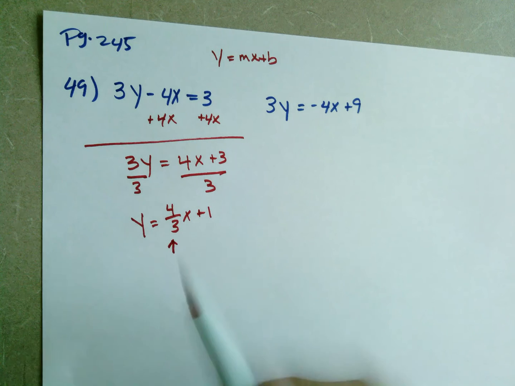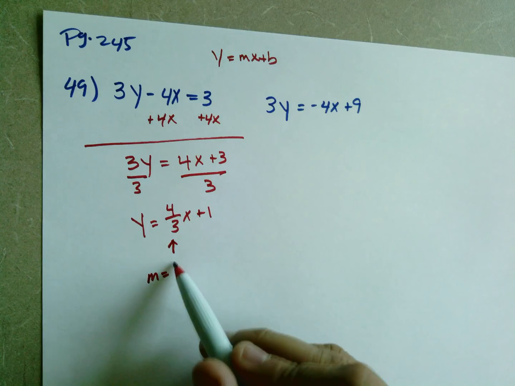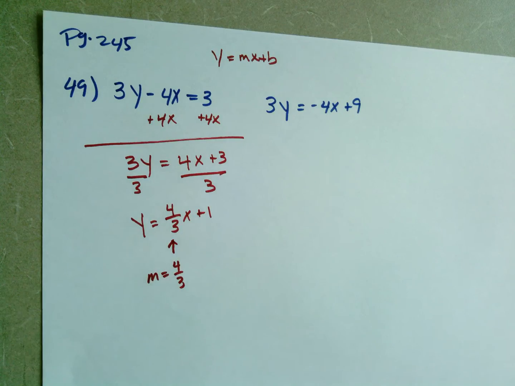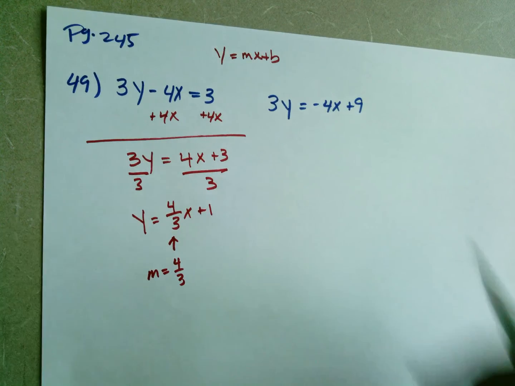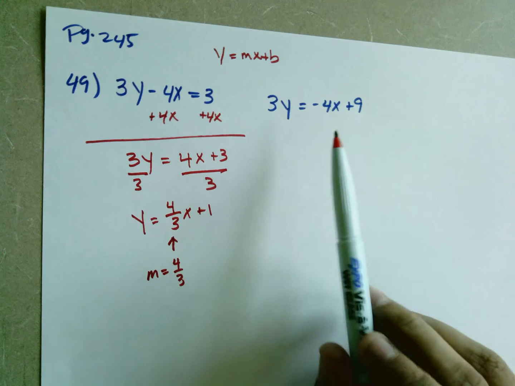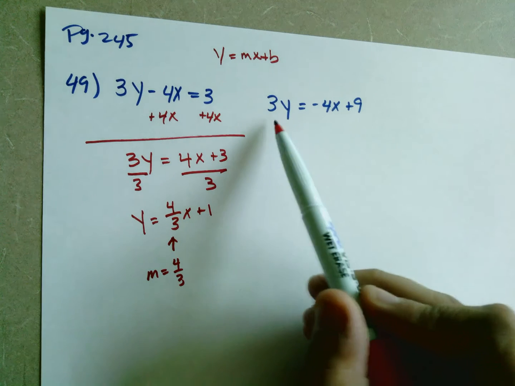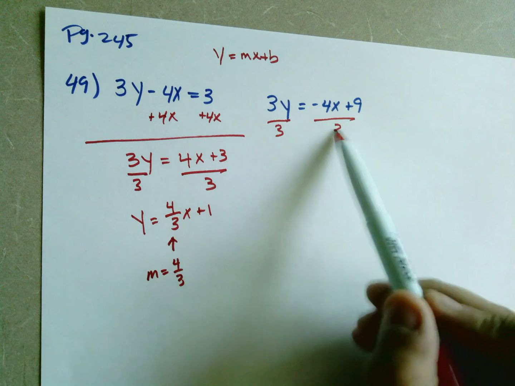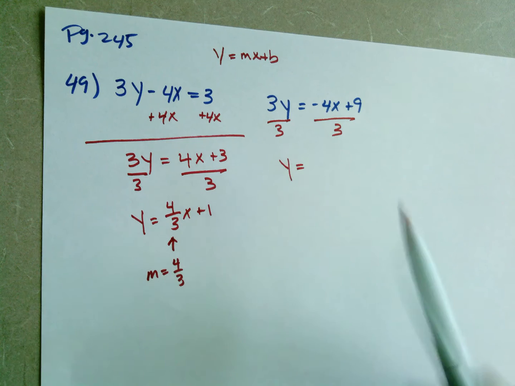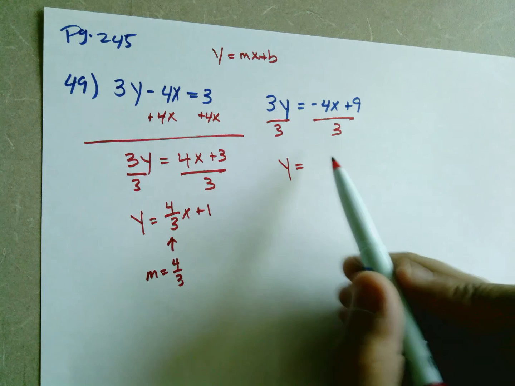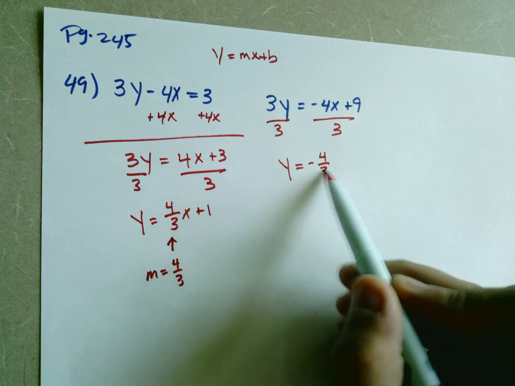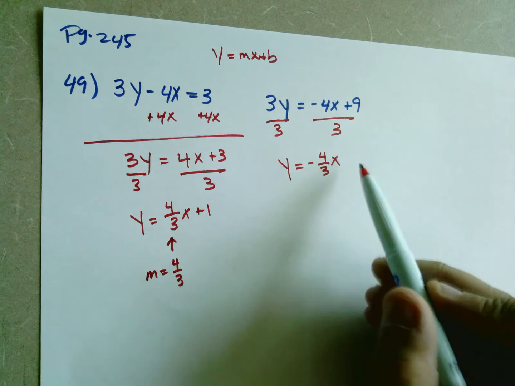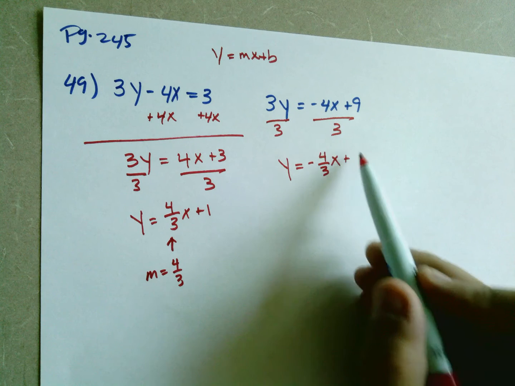Now here I've identified that my slope is 4/3. I'll do the same thing to the other equation. This one is one step ahead, so all I have to do here is just divide by 3 on both sides. And I get y equals negative 4x over 3, which is negative 4/3 x. Positive 9 over 3 is a positive 3.